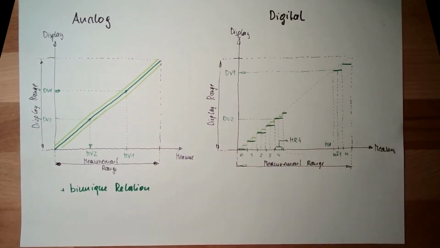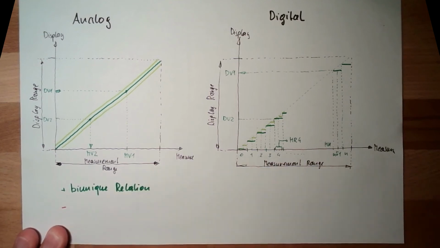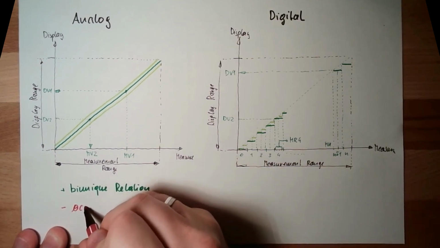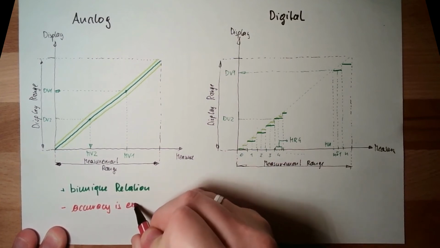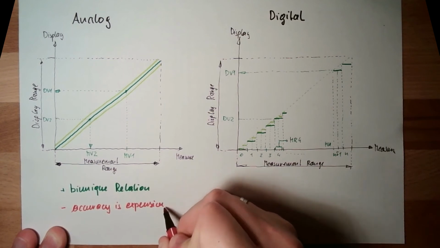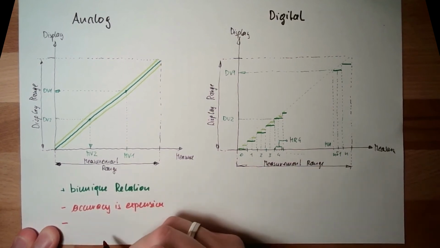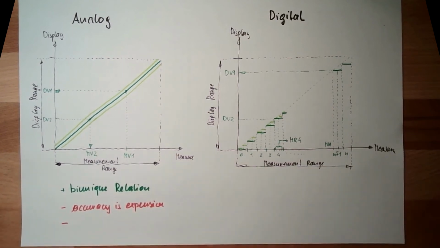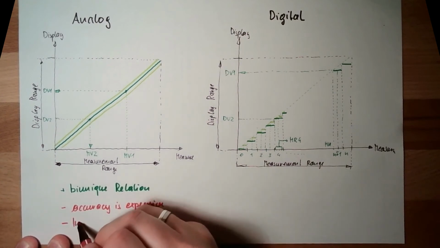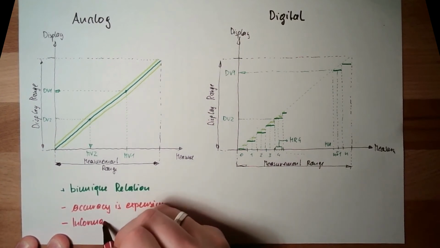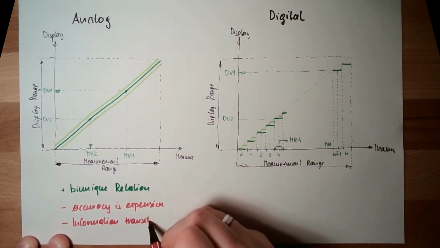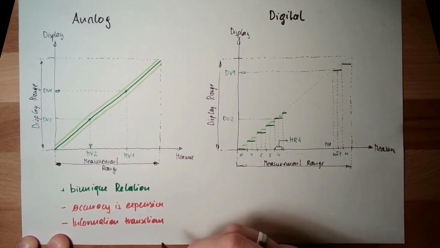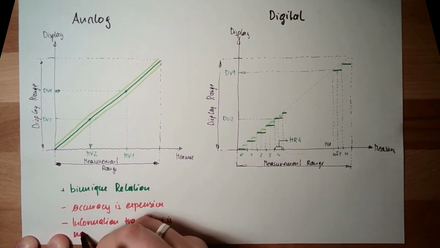The minus points are that accuracy is expensive, and of course the information transmission is not easy.